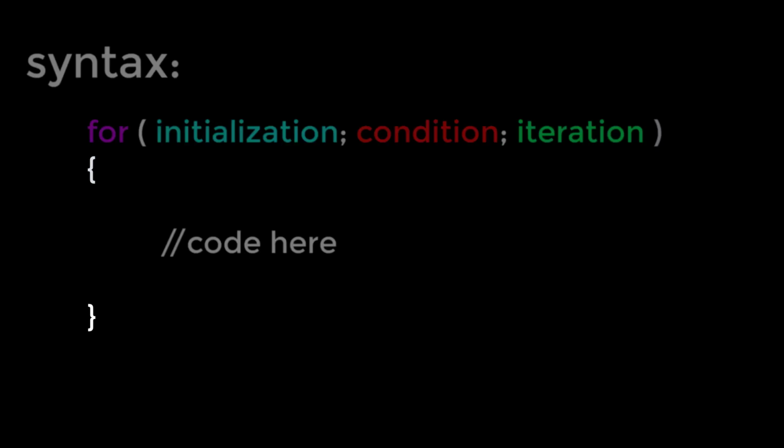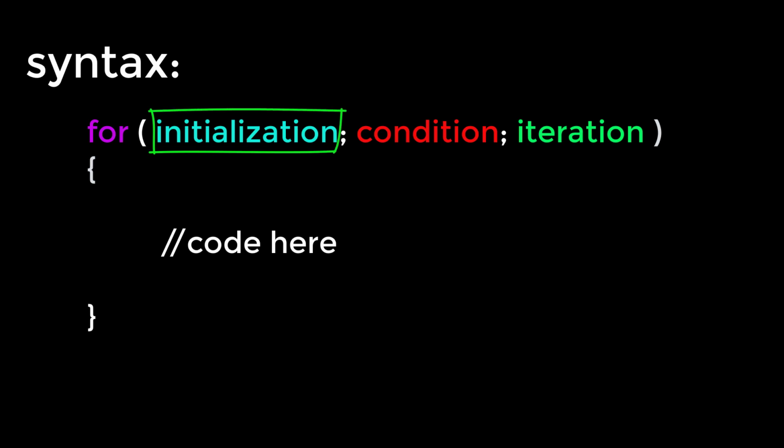So what does the initializer section mean? It is self-explanatory, from the word initialize. It is where you start. This is a variable that will be local to your for loop and cannot be accessed outside the loop.